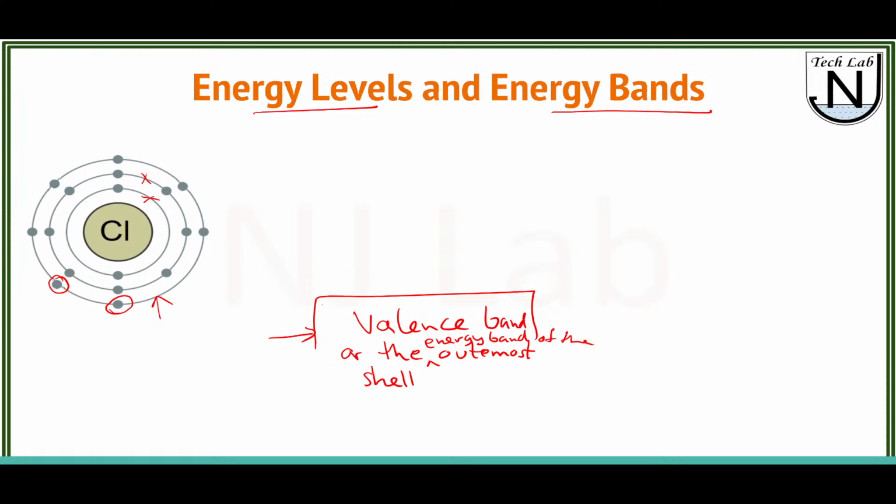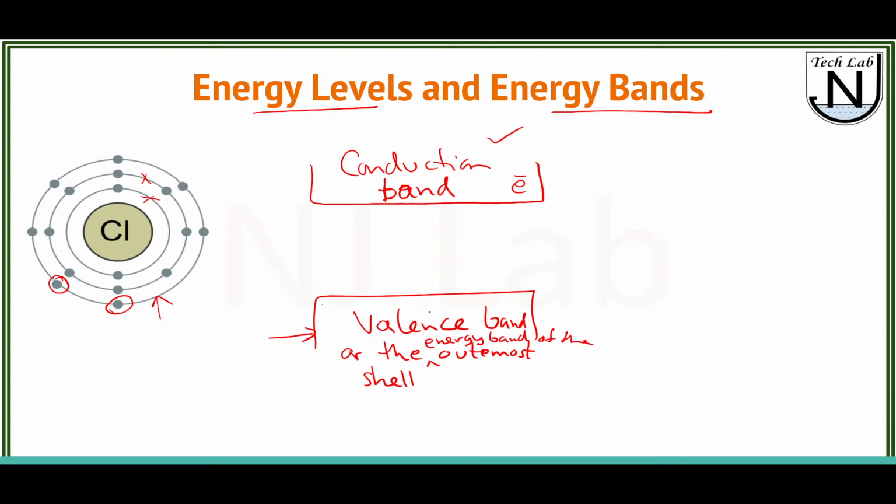Now apart from this valence band, we also have one band which is known as the conduction band. And as you may know from the word conduction, the current is conducting, electrons are flowing. So the conduction band is the energy band where, if electrons are there, then only the electrons are considered free, right?